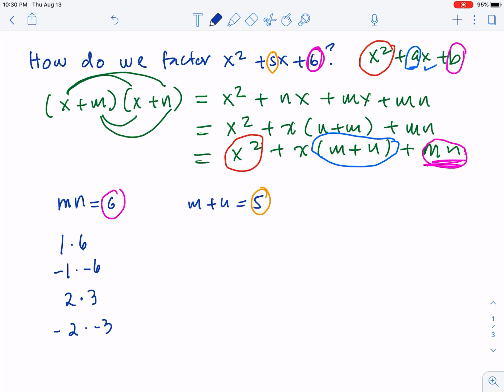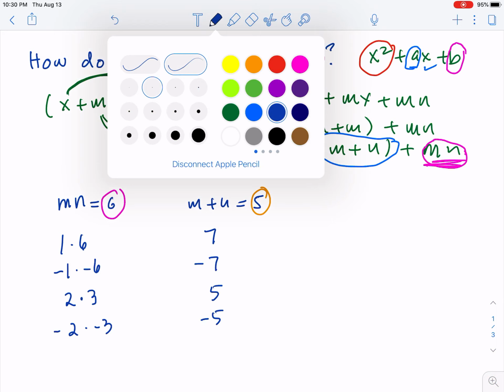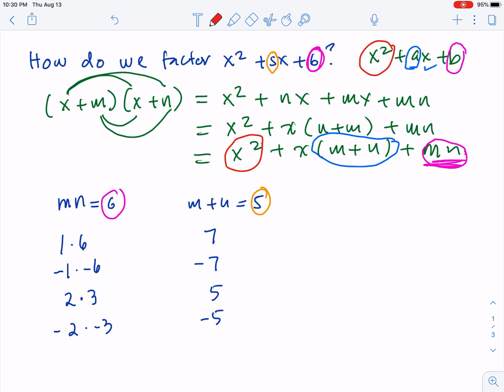Ano na ngayon yung m plus n? Ang m natin ay 1, ang n natin ay 6, therefore m plus n is 7. Susunod, negative 7. Susunod, 2 plus 3 is 5. And susunod, negative 2 plus negative 3 is negative 5. And kung mapapansin nyo, ito yung hinahanap natin.